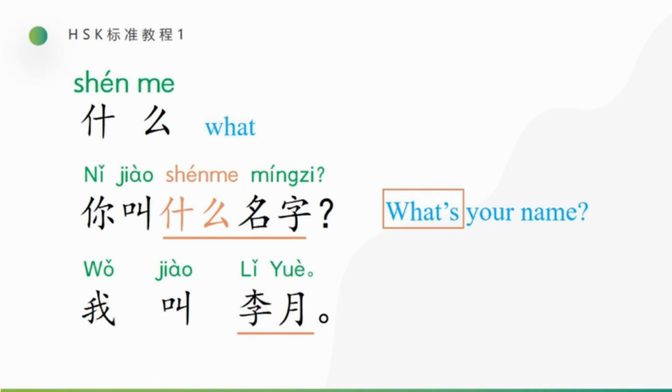We can just use a name to replace the question word. 好, you ask my Chinese name. 我叫, I can type it. 我叫王子秋. Like this. 你叫什么名字? 我叫王子秋. 王子秋 is my Chinese name.